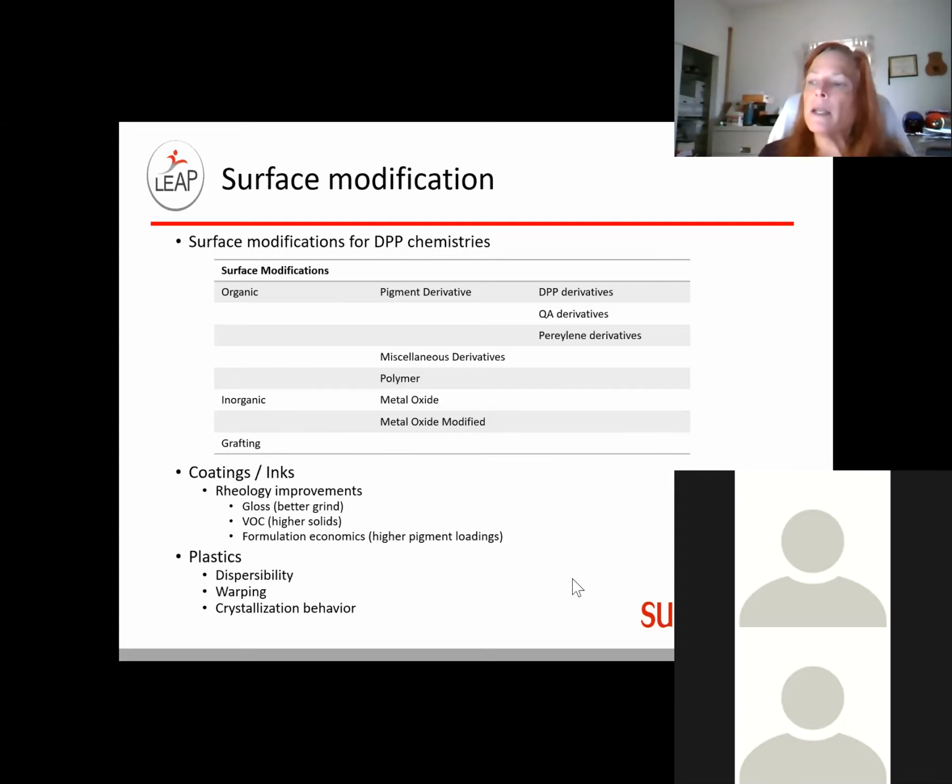From the plastic side of this, the surface modifications will help with the dispersibility. It also can help with the warping and crystallization behaviors of the plastic formulation.